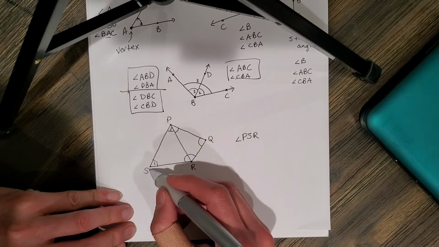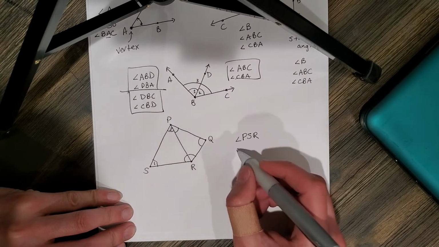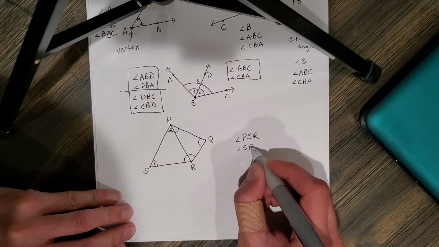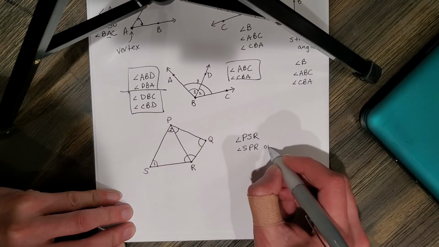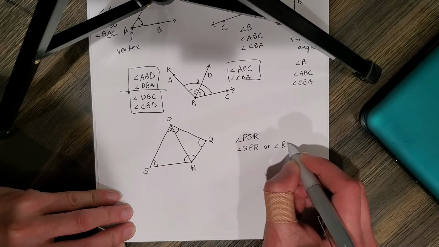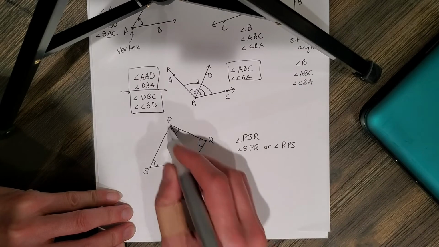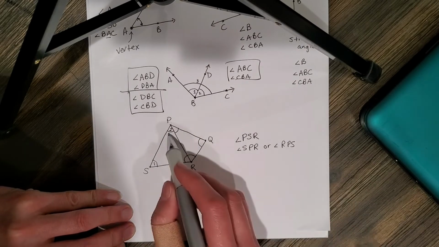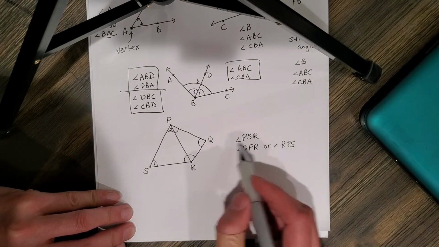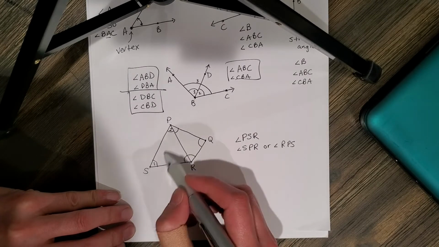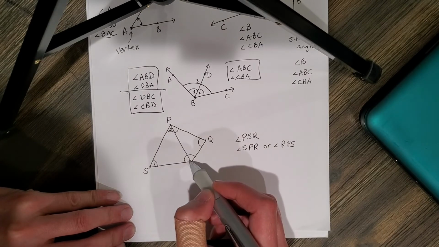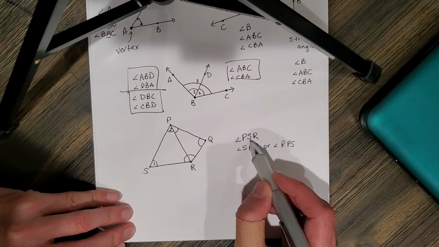Well, I would name it SPR, angle SPR. Or I could say RPS. RPS is the same angle 2 right there, okay? What about PSR? We said PSR. What's another way I can name angle PSR? Well, just go backwards. RSP.